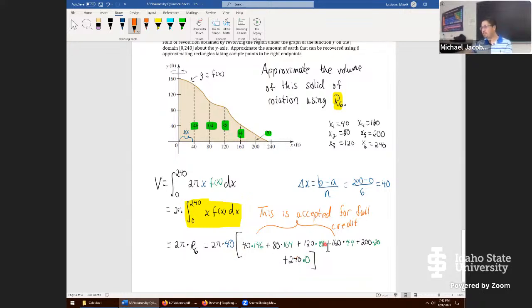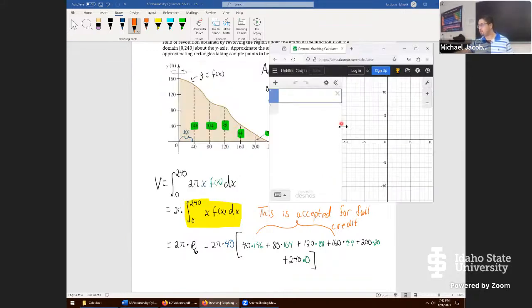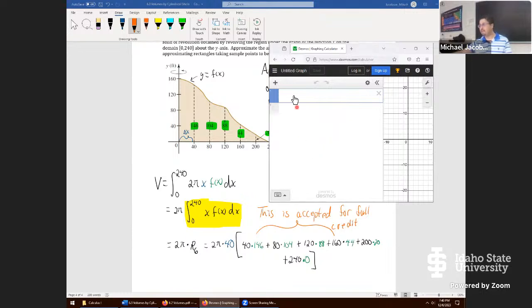Okay, so if you see a long string of numbers that looks like it's going to be really tedious to put in the calculator, just write it out. That's full credit right here. But let's see what we're going to get out of this one. Plugging all this into the calculator is not too bad. We're going to get 2 pi times 40 times 146 plus 80 times 104 plus 120 times 88.